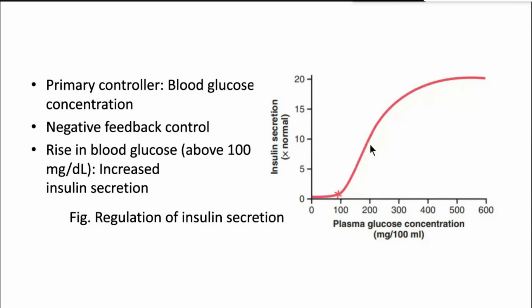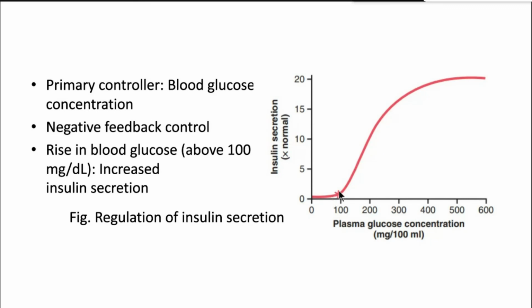Okay, as we have already mentioned, glucose level is the primary controller. We can see here, with an increase in glucose level, there will be an increase in insulin secretion. And the effect is faster, more changed, after a glucose level of 100. Below this, there is no increase in insulin secretion.